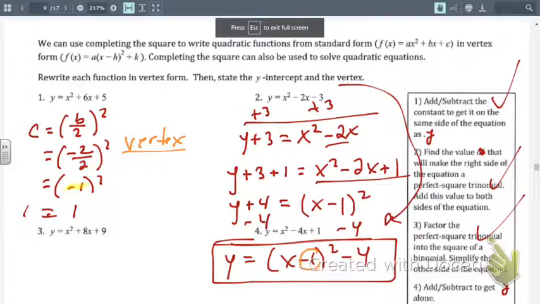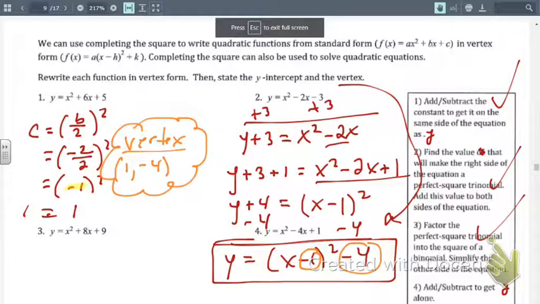So the x coordinate of the vertex is the opposite of what you see there. The y coordinate of the vertex is exactly what you see there. Alright, so there's the vertex, 1, -4, and then the y-intercept. It's your c here. So it's 0, -3.